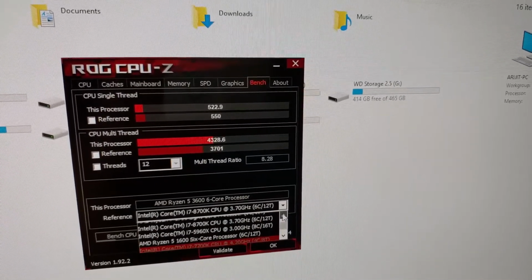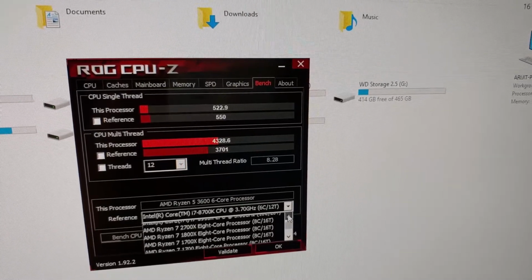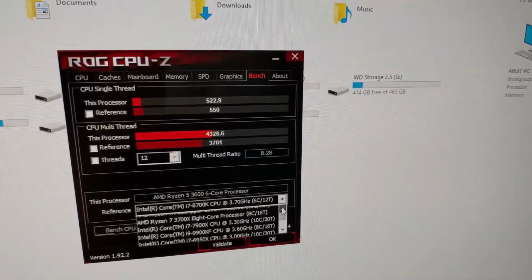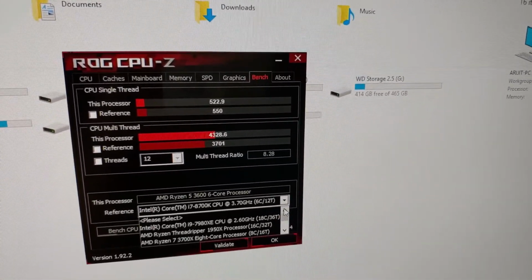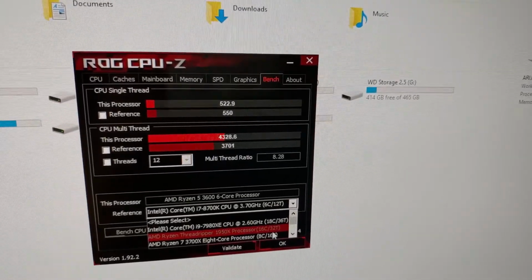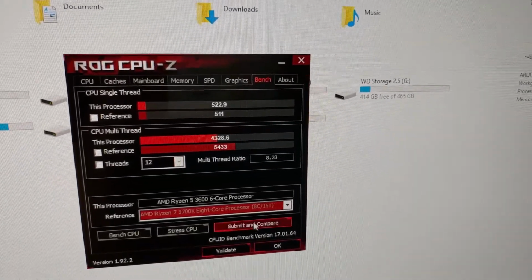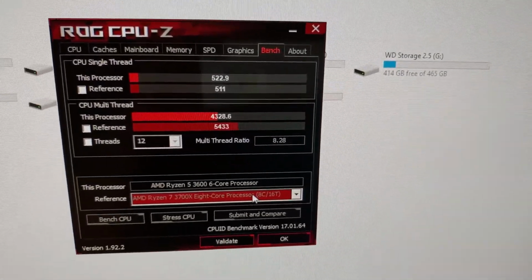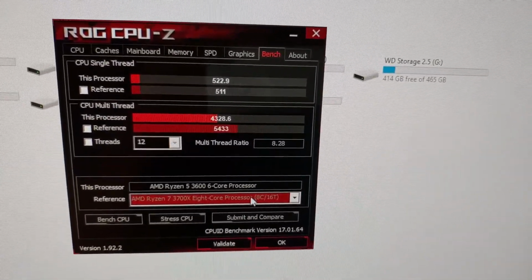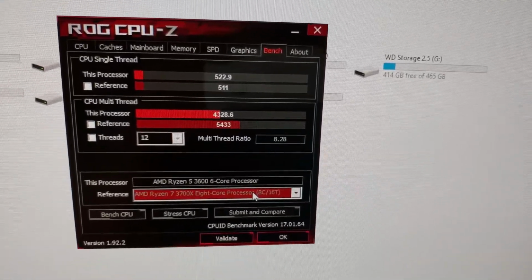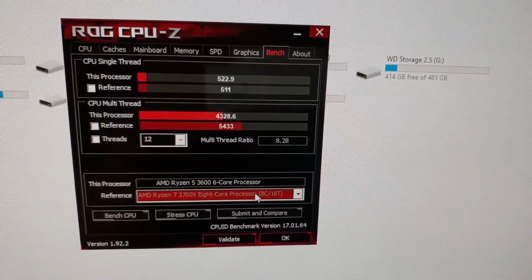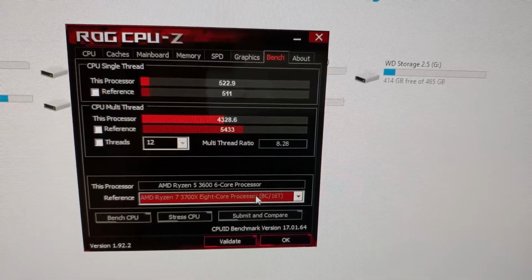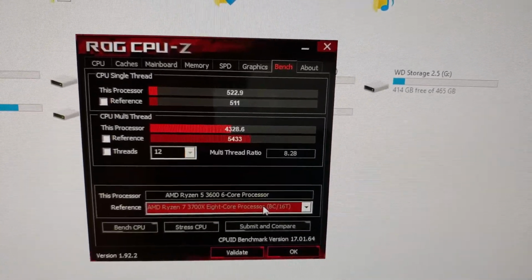I don't think this 3600 is there. I have not seen it, otherwise I would have done that myself. No, the 3700X is there though. Yeah, this is another great example. Needless to say, it is obviously going to score much higher on multi-thread because it has 8 cores, that is 2 more cores, and 16 threads, that is 4 more threads than our Ryzen 5 3600.